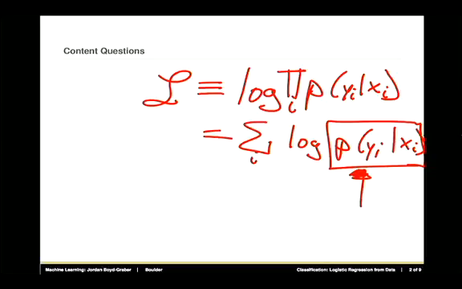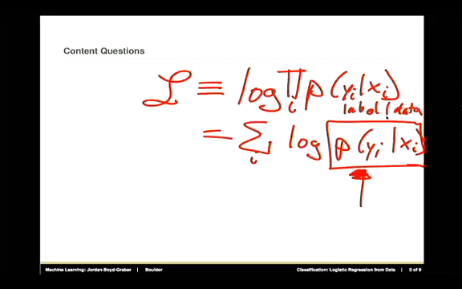Probability of label given the word. Yeah, exactly. Or whatever your data are. So we have label and we have data. Whatever it is, it doesn't have to be words, it could be anything. So this is a conditional probability.